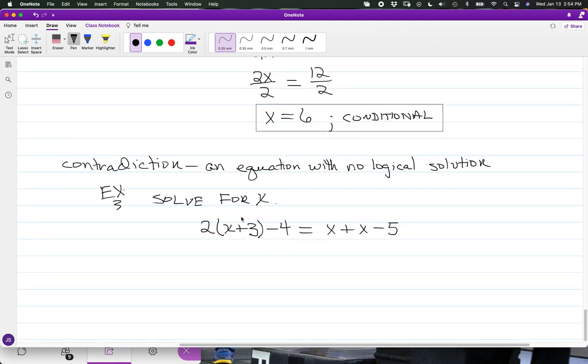Now, if I take care of, first of all, the parentheses on the left, distributing 2 over the quantity of x plus 3, I'm going to have 2x plus 6, and we have minus 4. And on the right, with x plus x minus 5, x plus x becomes 2x, we have minus 5.